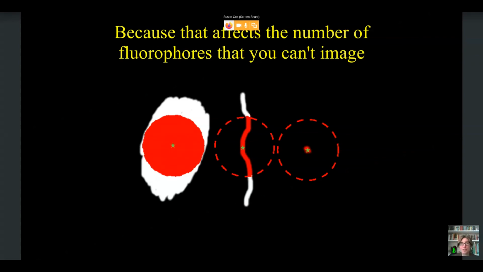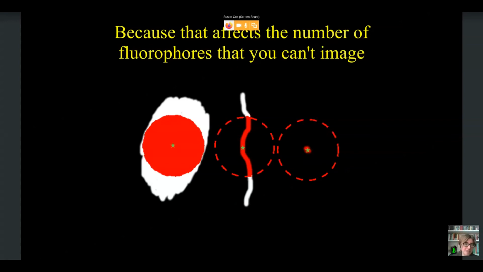That's because the point spread function affects the number of fluorophores that you can't image, and the structure of the sample changes the number of fluorophores that you can't image. So here I'm showing the 2D sample on the left, 1D in the middle, and 0D on the right-hand side. And in red, I'm showing the fluorophores that cannot be imaged when we are imaging the fluorophore indicated by the green star. And you can see that the number of fluorophores that you cannot image changes very rapidly as you go from 0D to 2D.